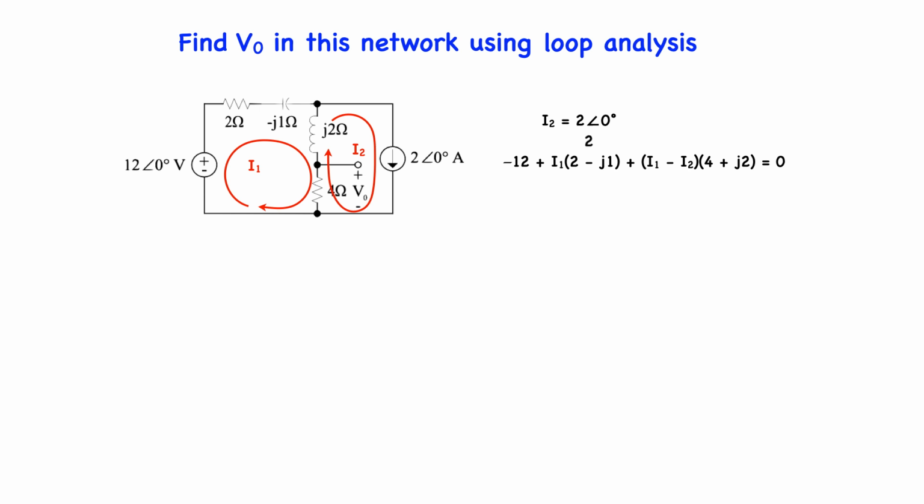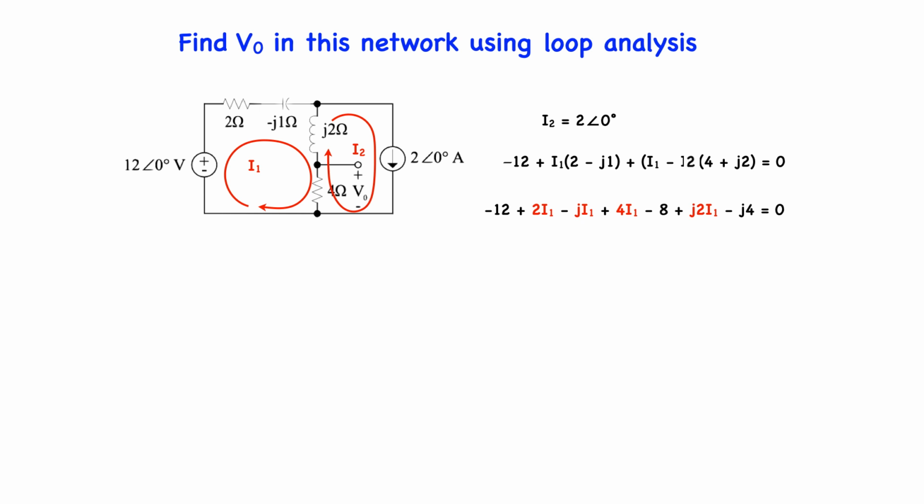Substituting for I2 from the first equation into the second now leaves us with one equation and one unknown, I1. Removing the brackets yields minus 12 plus 2I1 minus J I1 plus 4I1 minus 8 plus J2I1 minus J4, all equal to 0.